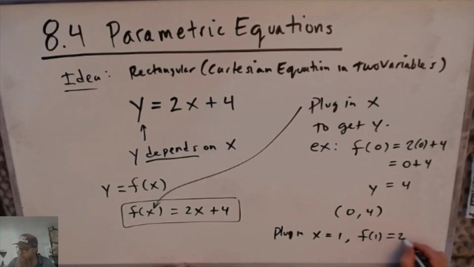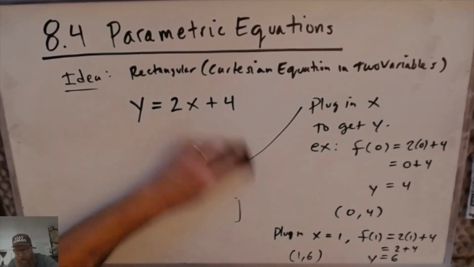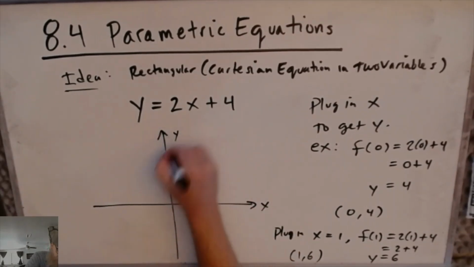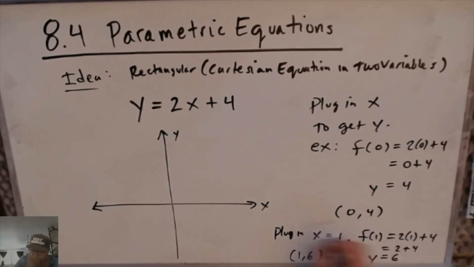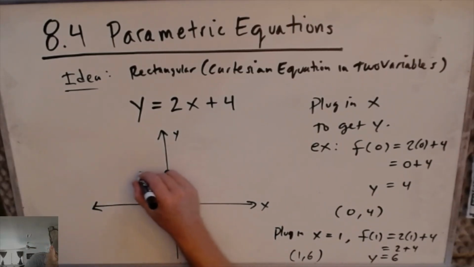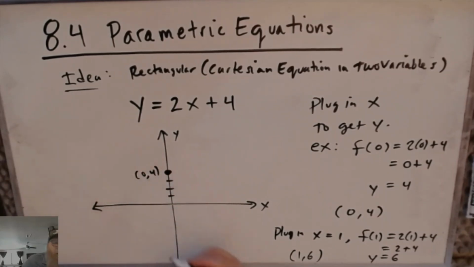Plug in 1, we would get 2 times 1 plus 4, which is 2 plus 4. So that would give us y is equal to 6. So we'd have the point 1, 6. Okay. And so the graph would be 0, comma 4, and 1, comma 6.